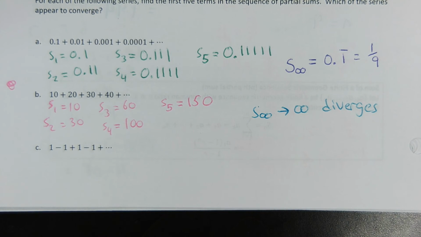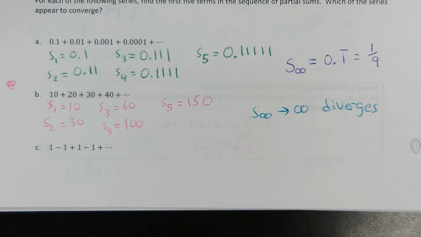S sub infinity is just getting larger and larger and larger. It'll never stop getting larger. Spoiler alert! There is no such thing as the sum of an infinite arithmetic series. They always go to one of the two infinities. Only geometrics have the opportunity to crash down to a number. You'll see.